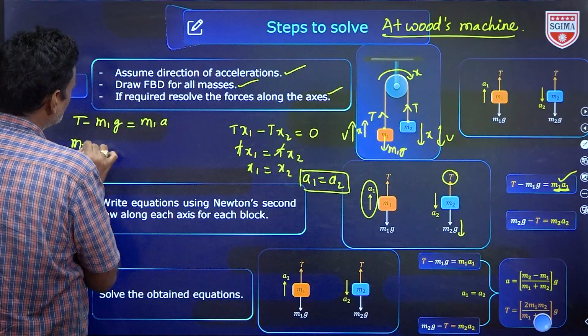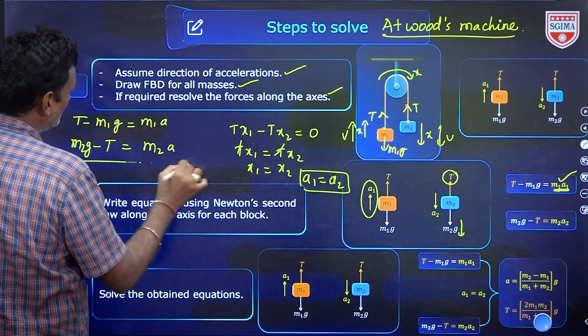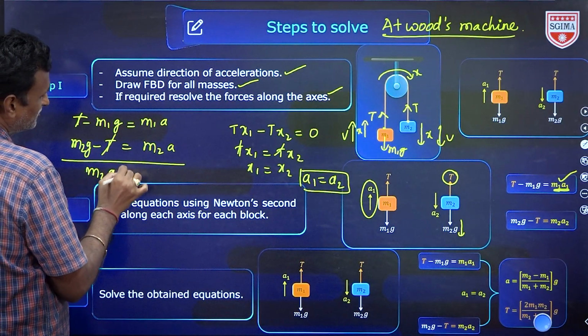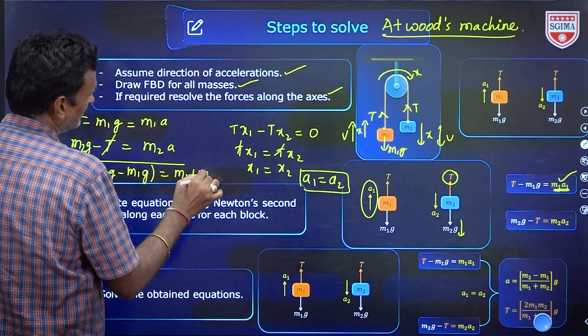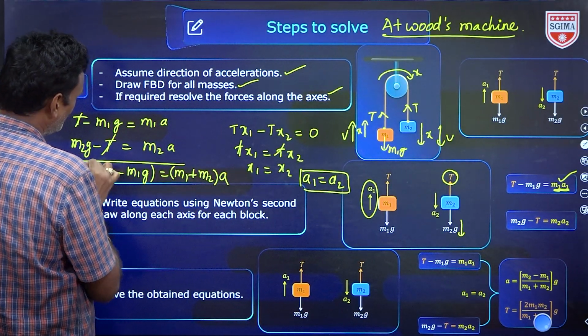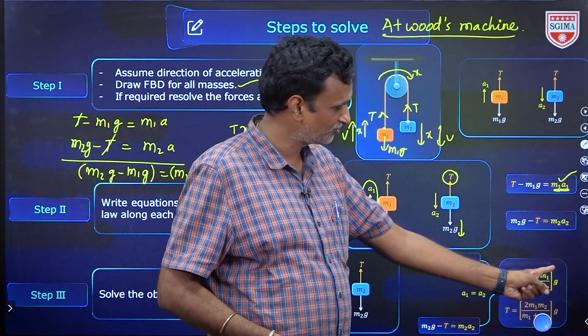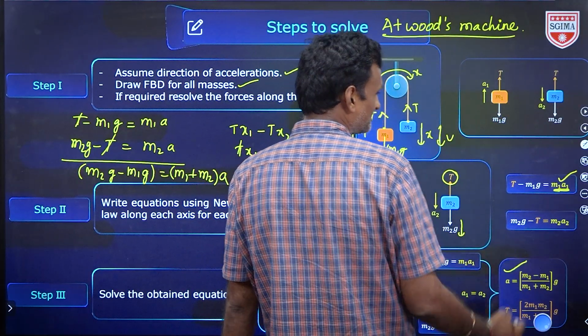Next, the second equation, m2g minus T equal to m2a. On adding, we get m2g minus m1g equal to (m1 plus m2) into a. So the acceleration equals (m2 minus m1)g by (m1 plus m2). This is the acceleration answer.